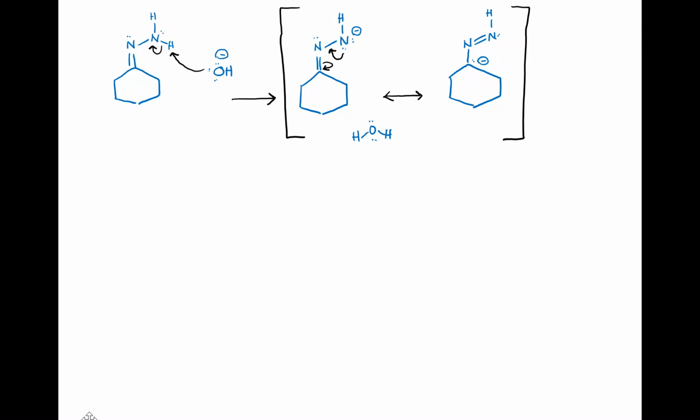Okay, so now we've shown that part of the negative charge in the lone pair exists on this carbon. It's essentially a carbanion. And so that's pretty basic. So it will actually pick up a proton pretty readily from water.